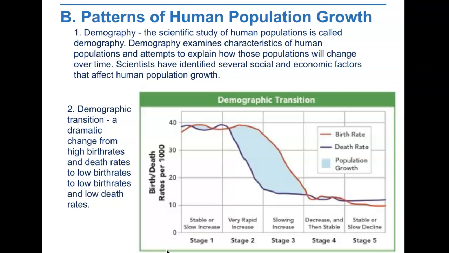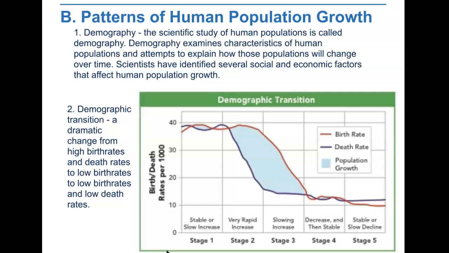Demographic transition is a dramatic change from high birth rates and high death rates to low birth rates and low death rates. The demographic transition is divided into 5 stages. In the United States, for example, they passed through demographic transition stages 2 and 3 between 1790 and 1910.